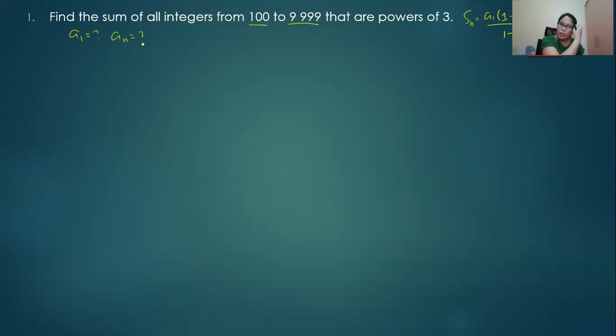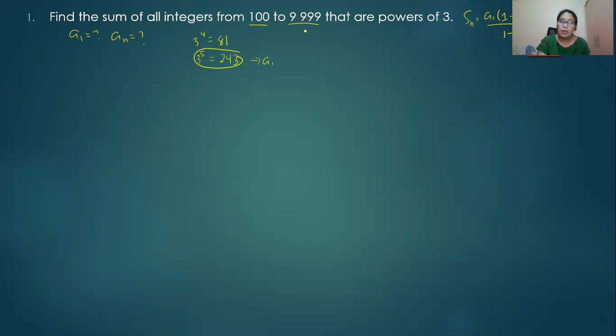By inspection, we consider power of 3 integers. Since 3 to the 4th equals 81, and 81 is not in the interval, this is not a sub 1. So instead we move forward and evaluate 3 to the 5th, which is 243. We will consider this as our a sub 1.